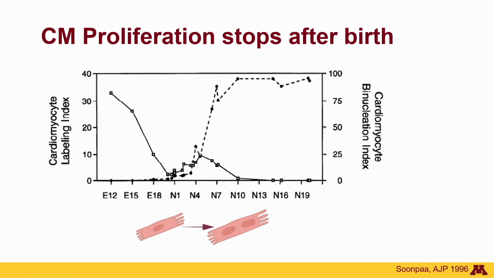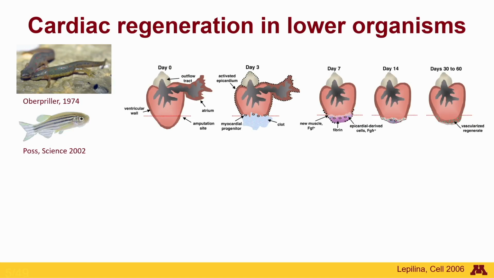And the question is, can this be reverted, yes or no? And we've heard a couple of talks suggesting that indeed this can be reverted. This is very different from lower organisms like newt and zebrafish, where adult cardiomyocytes can de-differentiate, become proliferative to the point as needed for organ repair, and then re-differentiate into mature cardiac myocytes.